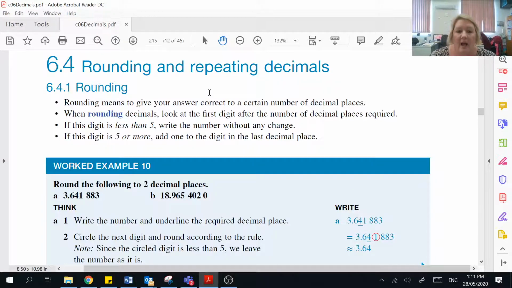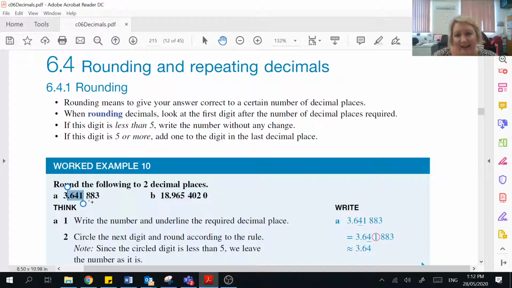When you're rounding decimals, you look at the first digit after the number of decimal places required. So looking at this first question here, if I'm going to 3 decimal places, I'm looking at the 3 numbers after the decimal place, not that 3 as well, because that's before the decimal spot. And then I'm looking at the number after that.